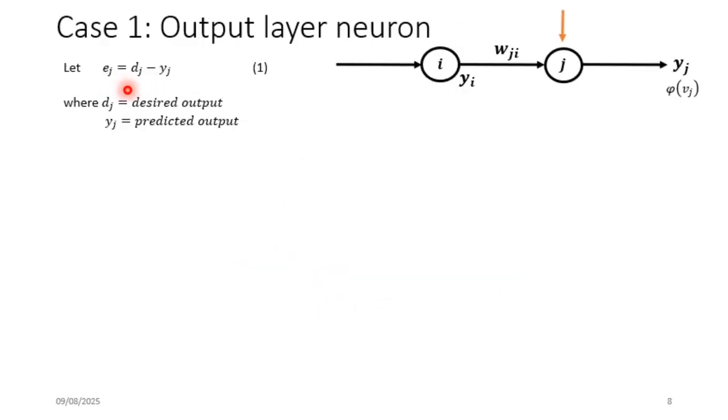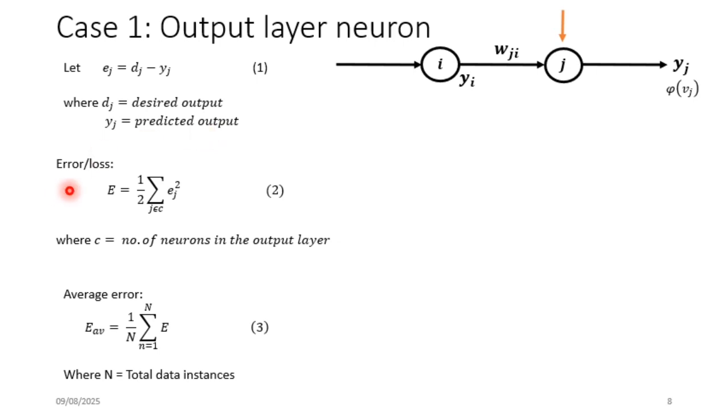Let's say Ej is equal to Dj minus Yj, where Dj is the desired output and Yj is the predicted output. We can compute the error, or loss function or cost function, as 1/2 summation of Ej squared, where j belongs to C and C is the total number of neurons in the output layer. From here we can compute the average error, which is 1/n summation of E, where n is the total number of data instances.